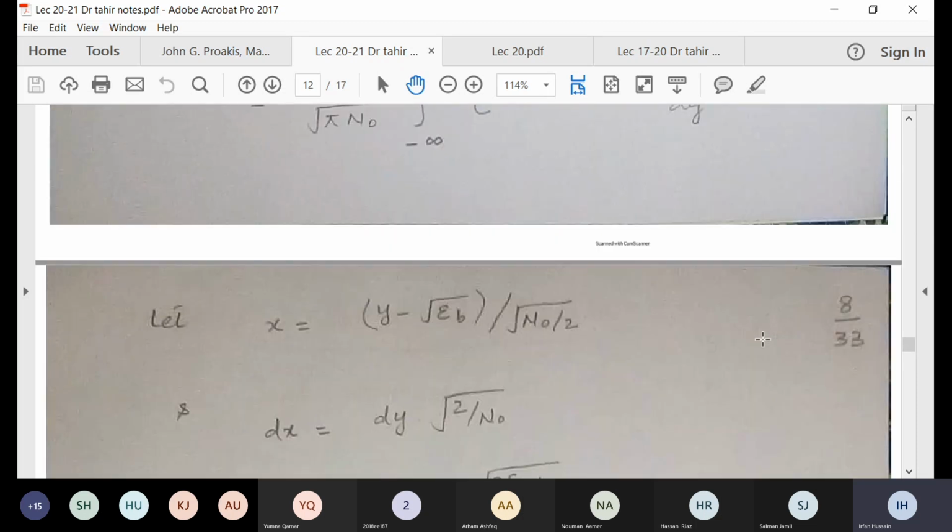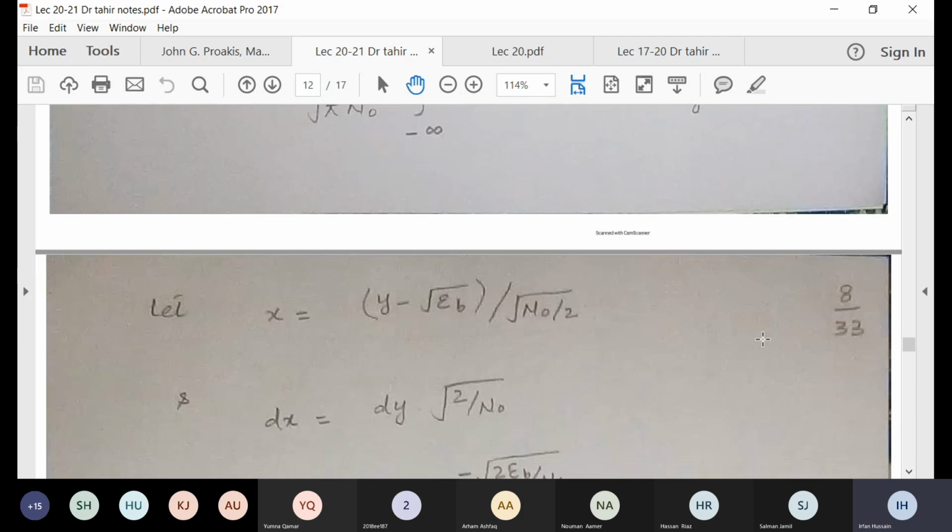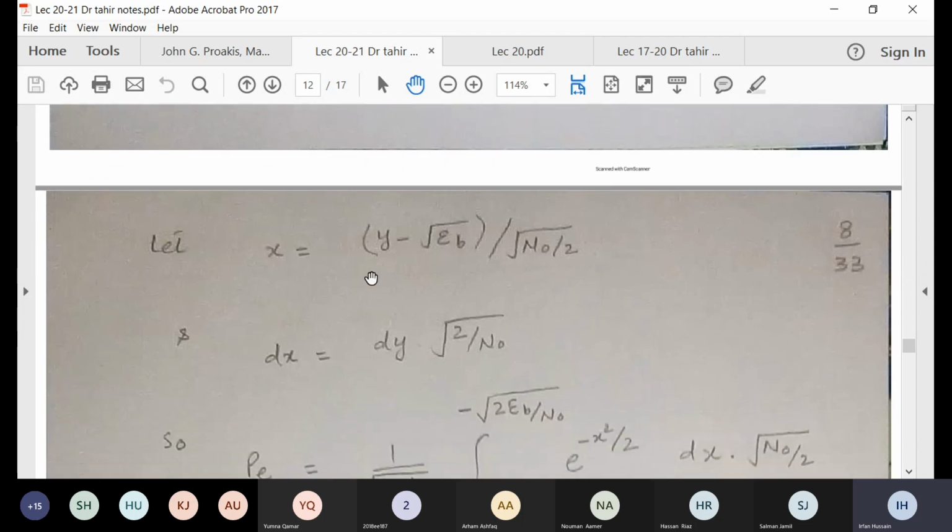This becomes dx, and this root N0 by 2 will go in the numerator. So dy will be equal to dx into 1 over 2 root 2, and then it will become N0 over 2.